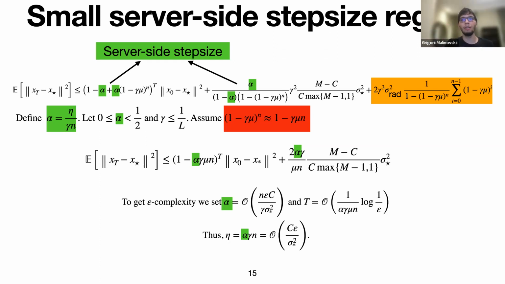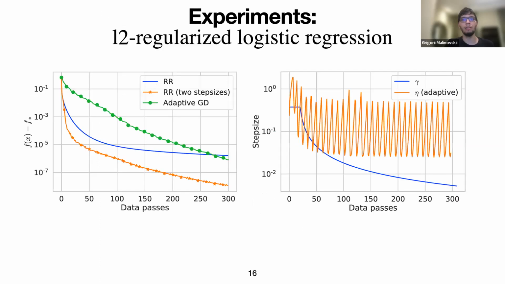Okay, now I want to show some experiments. The main message from theory, the main insight, is that both cases of server-side step size can be beneficial, small and large one, and it depends on variances.